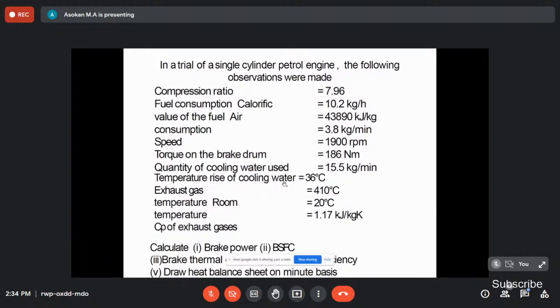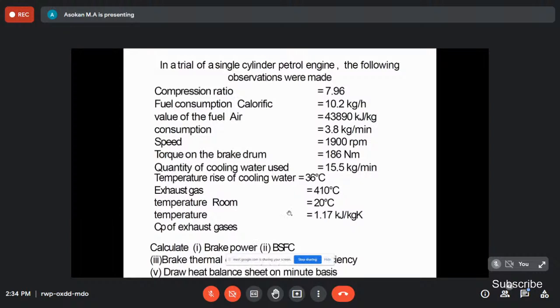And temperature rise in the cooling water 36 degrees Celsius. So inlet temperature and outlet temperature are not given, only the temperature rise, 36 degrees Celsius. The exhaust gas 10 degrees Celsius. The room temperature 20 degrees Celsius. The Cp of the gas 1.17.